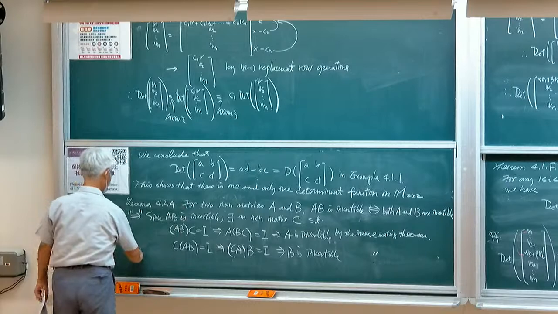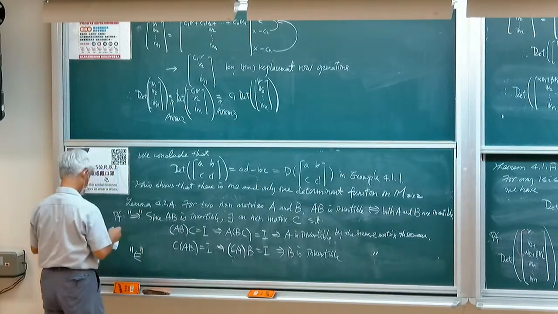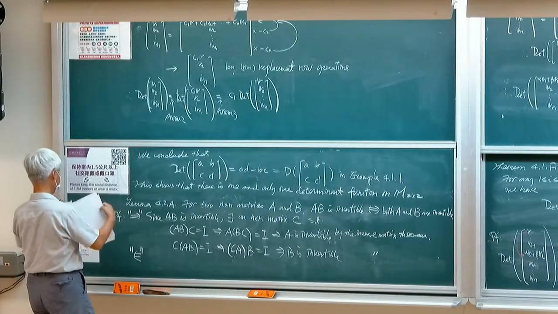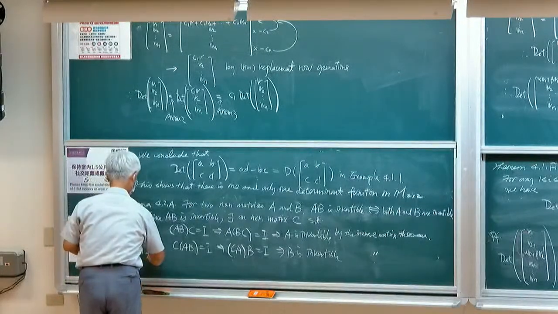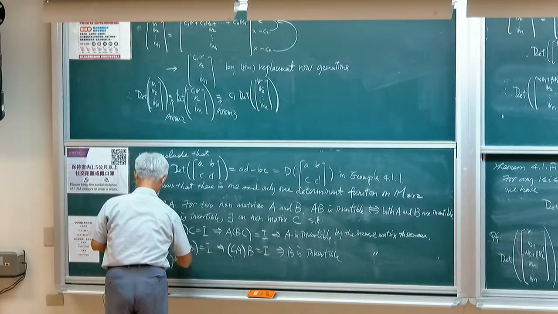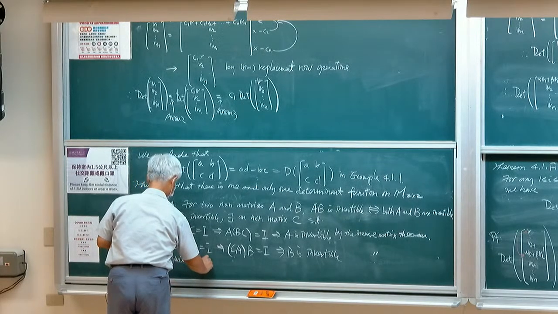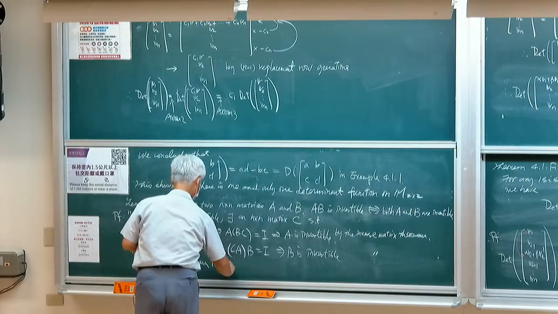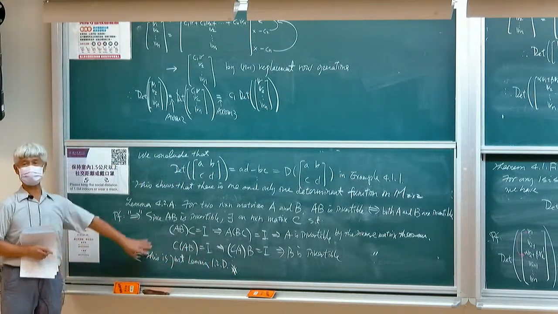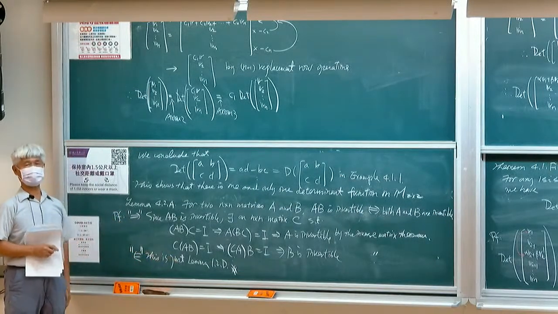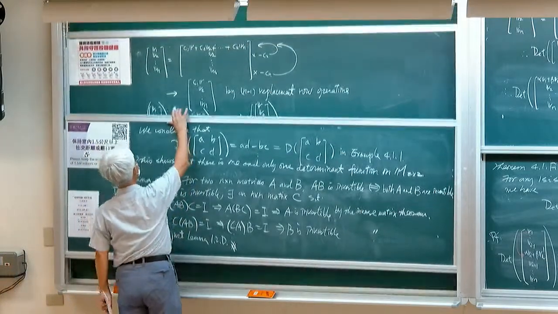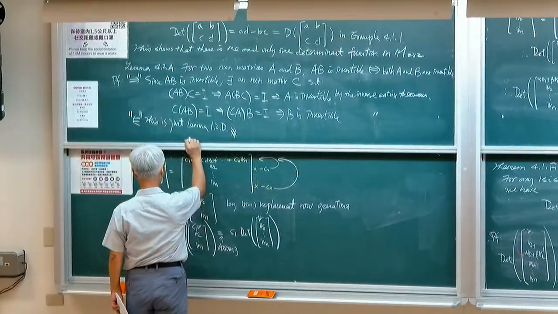So the forward part is good, but the backward part has been proved already in chapter 1, 1.2.d. We needed the backward part at that time, so we proved that. Anyway, this is a simple lemma.